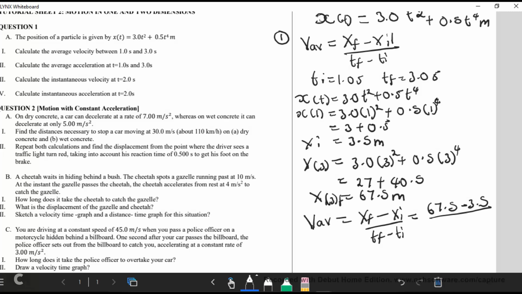The time, the final time is 3 minus 1, such that there you give 64 over 2. Then your answer would be 32 meters per second. So this is your average velocity. So this is how you calculate the average velocity, just like that. Then let's go on to question 2.